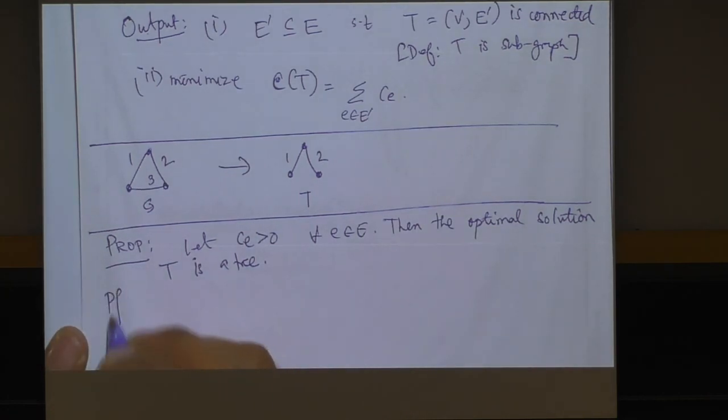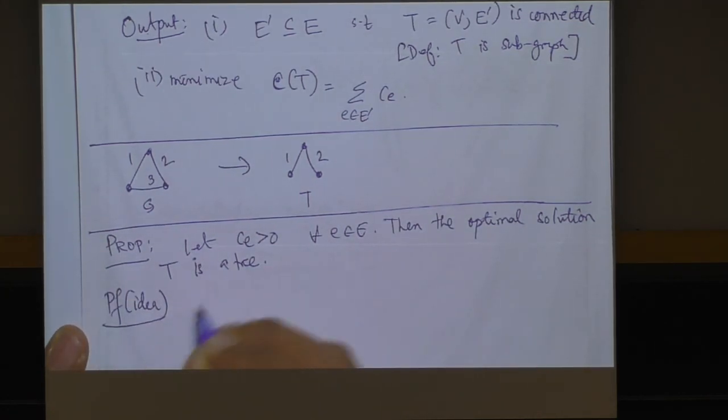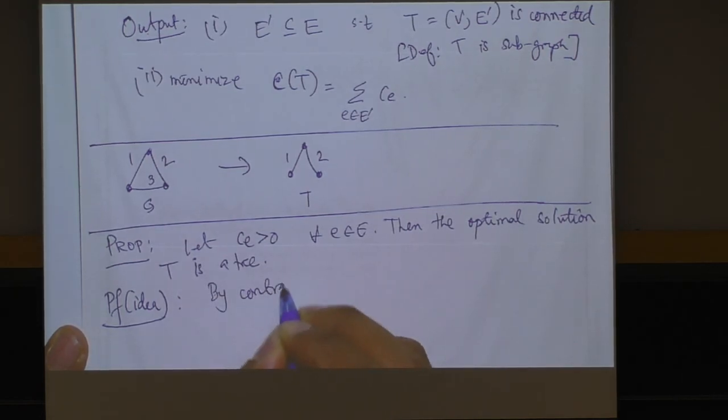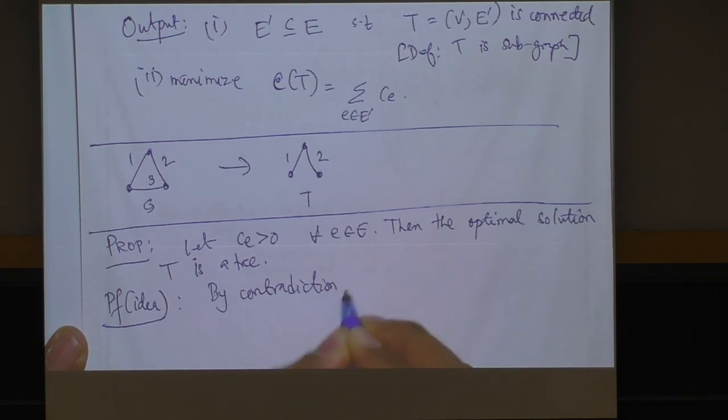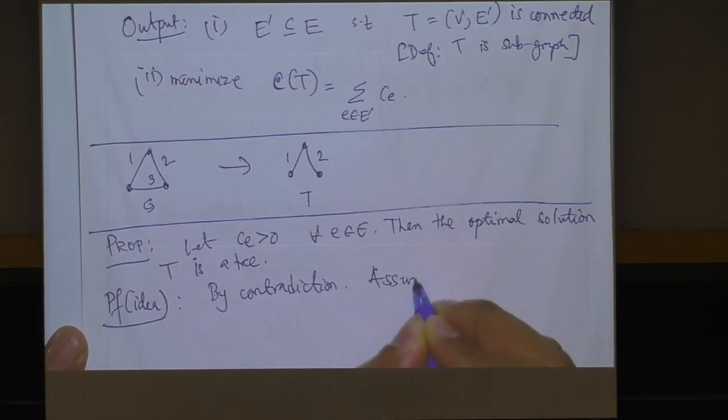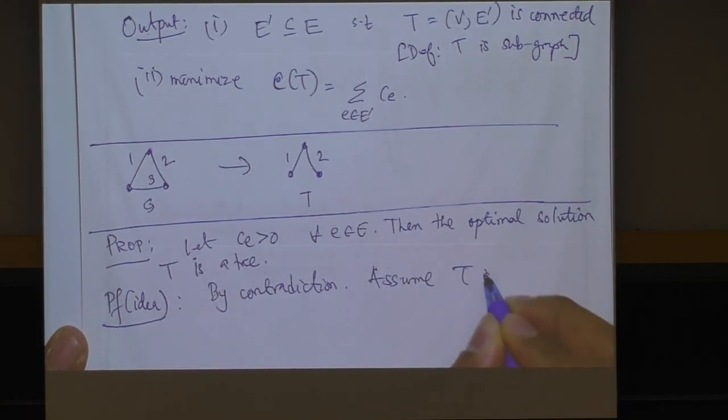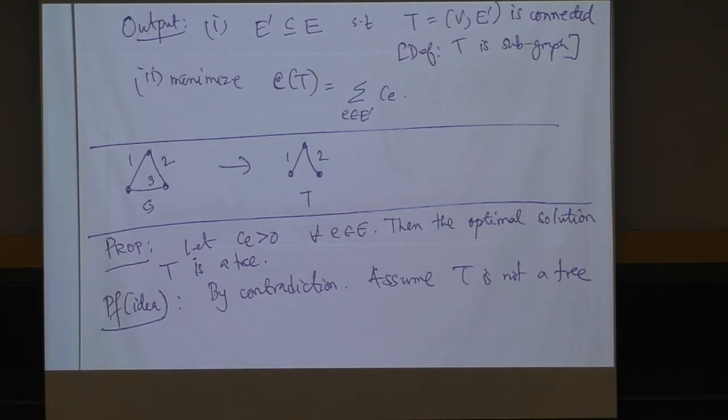Okay, so we'll argue this. This is fairly simple, and we'll argue by contradiction. So assume T is not a tree. Now note, by definition T is connected, right? So if a graph is undirected, connected, but it's not a tree, what kind of structure does it need to have?